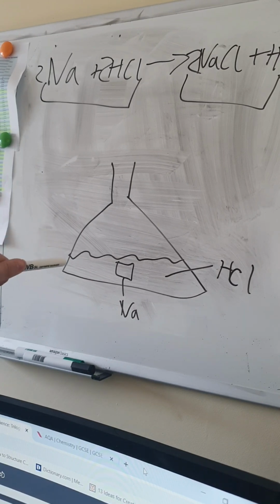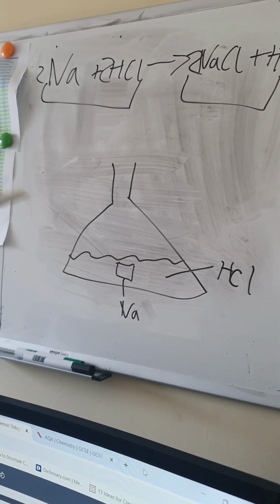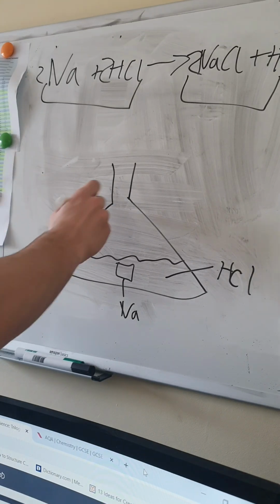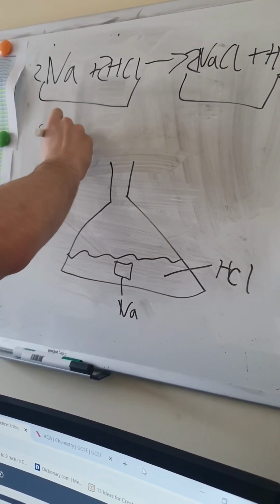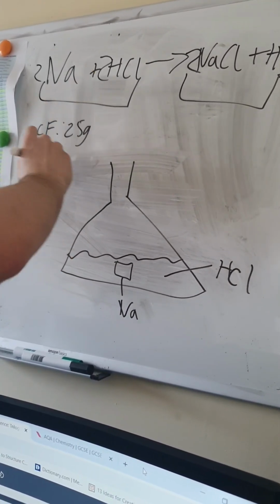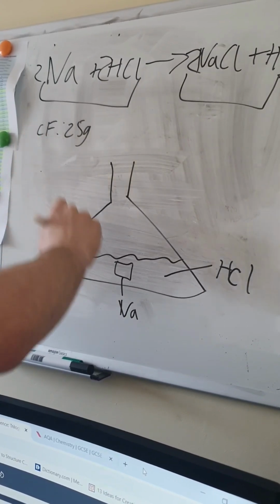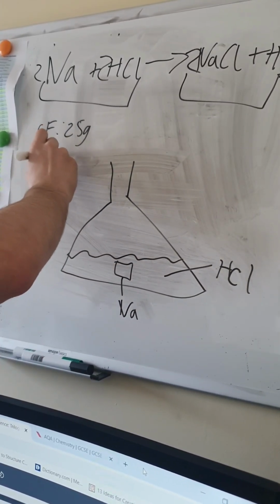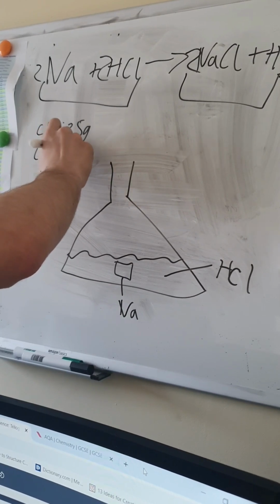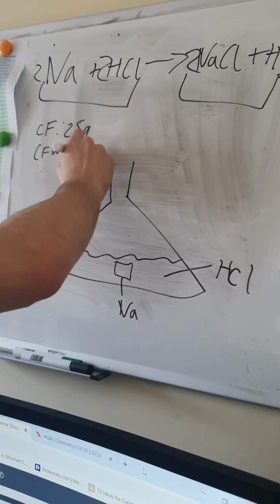Now, if we weighed this before and after, remember taking away the mass of the conical flask, because the conical flask weighs something. So we weigh the conical flask originally, CF, and that's say 25 grams, and then we put in the metals, so CF with metal, say it's 27 grams.